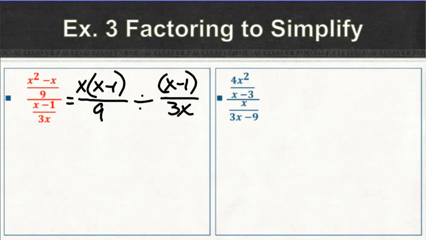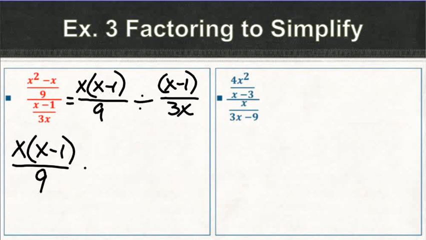Now when I divide the fraction, I need to multiply by the reciprocal. So I have x times x minus 1 divided by 9 times the reciprocal, which is 3x over x minus 1.